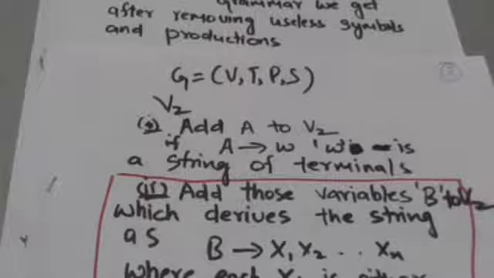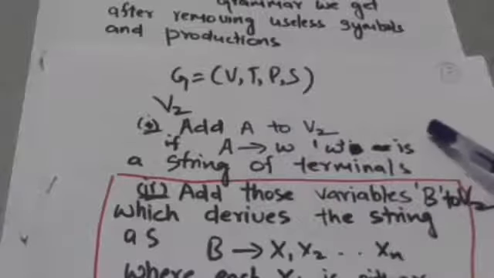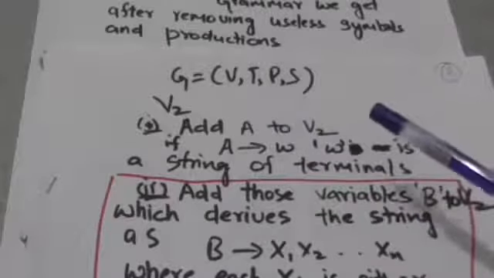Then we will add those variables A to V2 which directly derives terminal strings. It means those variables which have productions of the form A derives W, where W is a string of terminals.